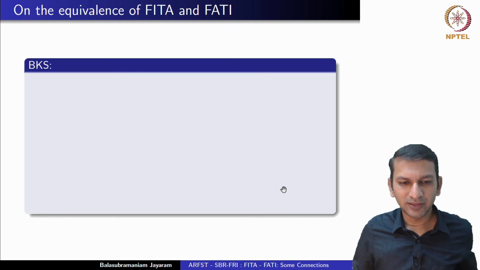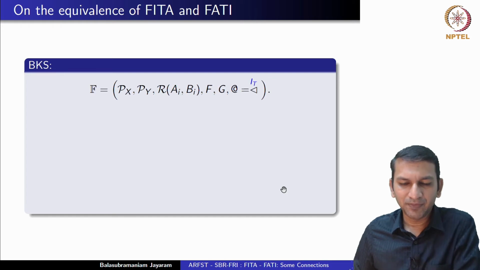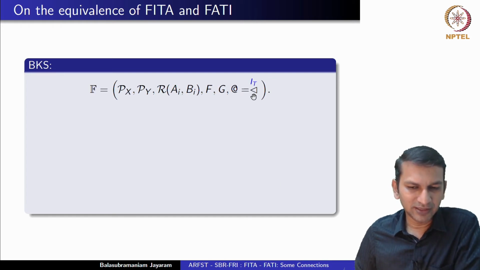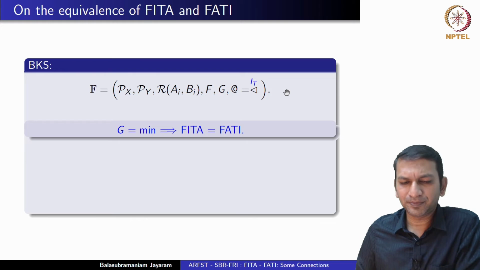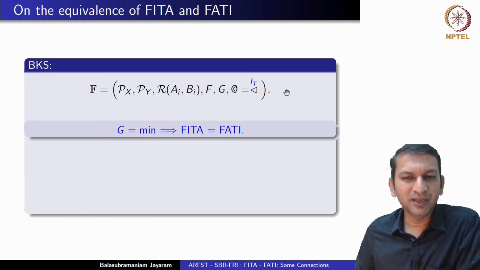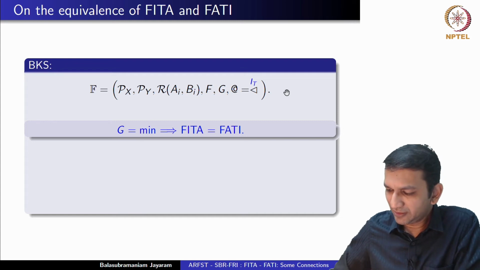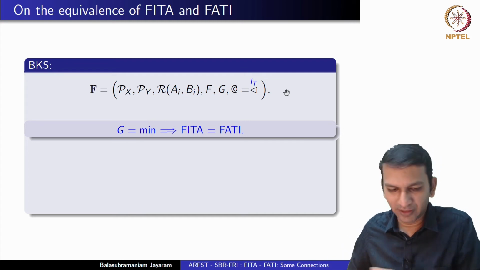Similarly, we can show that if you are looking at BKS, the composition is fixed as the implication IT. If you take G is equal to min, then we can show that FITA is equal to FATI. So once again, let's look at what is it that we are dealing with here.